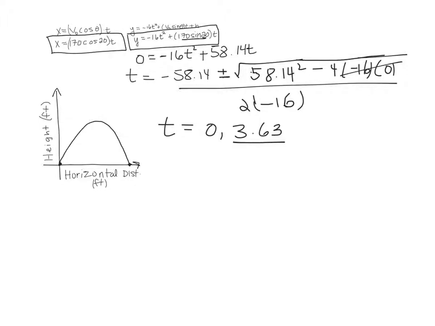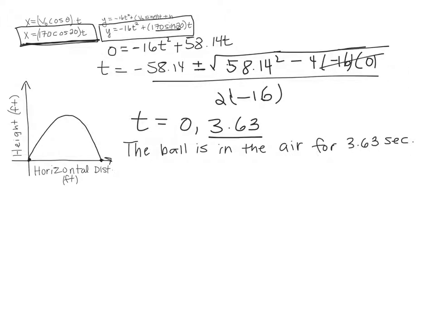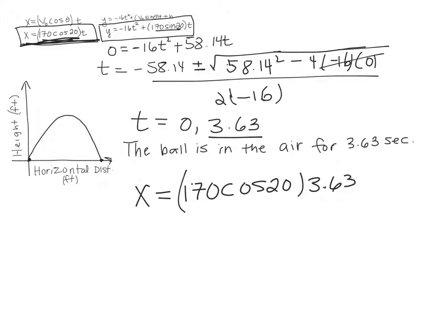So if we want to know how far the ball travels, we're going to plug it into our x formula. So x equals, just to get an estimate here, 170 cosine of 20 all times 3.63, and you'll get approximately, oops, we should use approximate, that's about 159.75 feet.